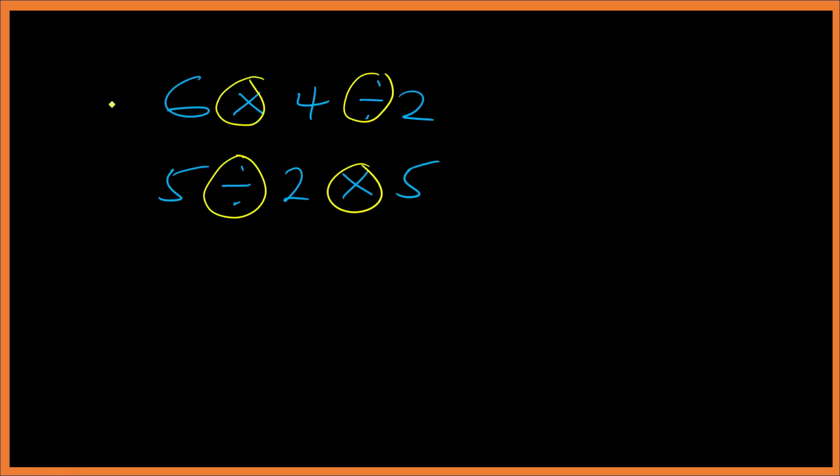Once it's happening this way, you start from the left. So this one we have to multiply, 6 times 4 is 24, divided by 2. And this one we have to divide, then multiply by 5.